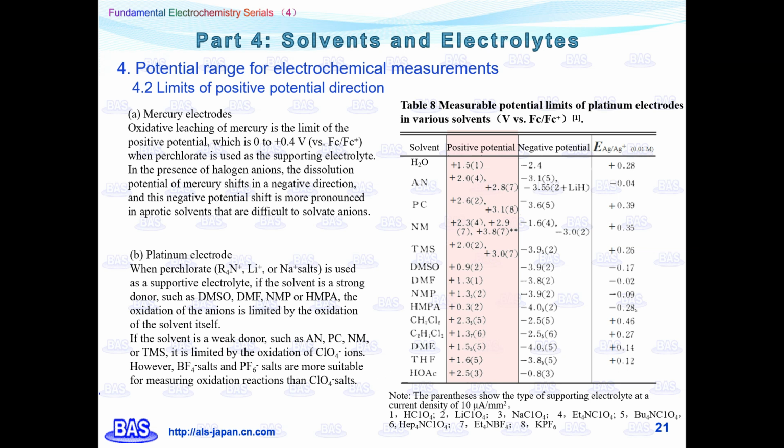As can be seen from the table, tetrafluoroborate and hexafluorophosphate are more suitable for the measurement of oxidation reaction than perchlorate.